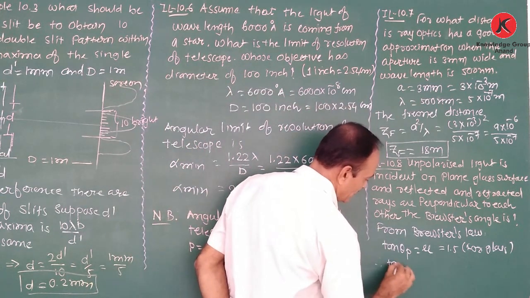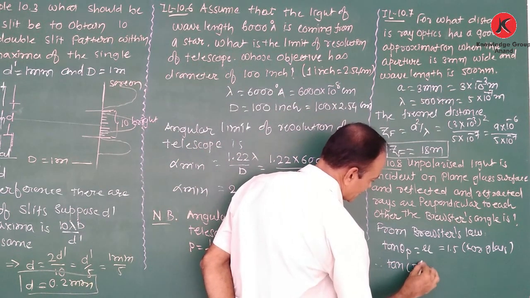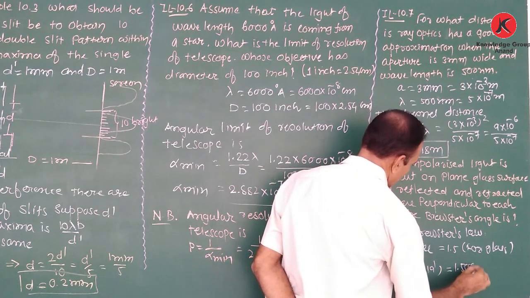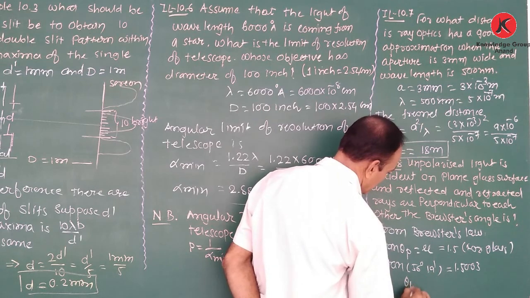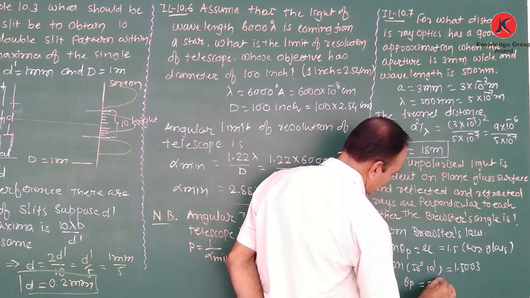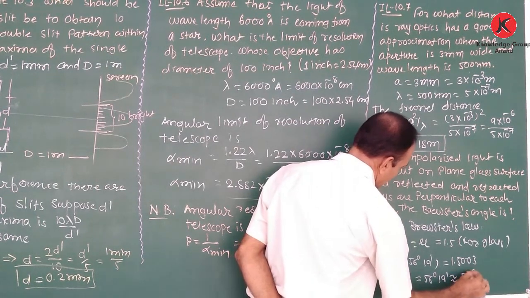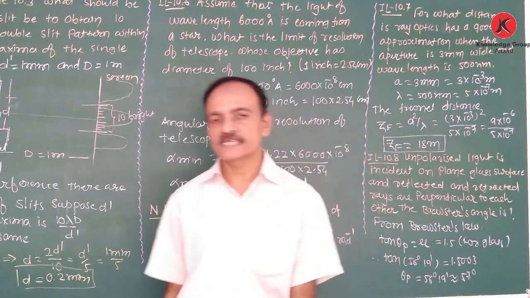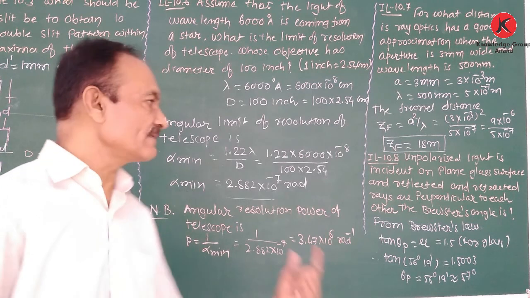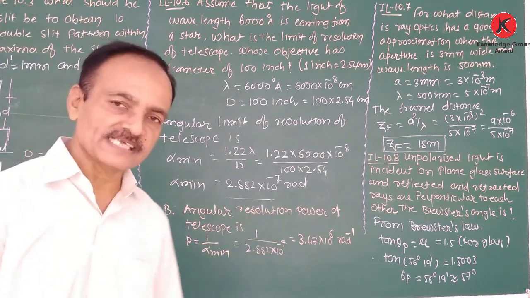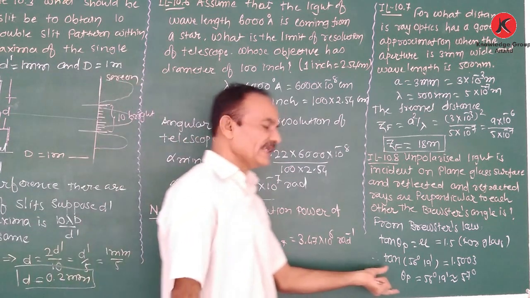Therefore, tan 56 degree 19 minute we obtain 1.5003. Therefore, theta p is equal to 56 degree 19 minute, approximately 57 degree. Here the question is given quite differently, but the calculation and answer remain the same.